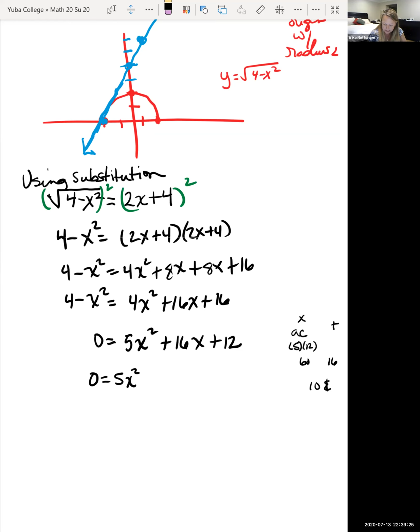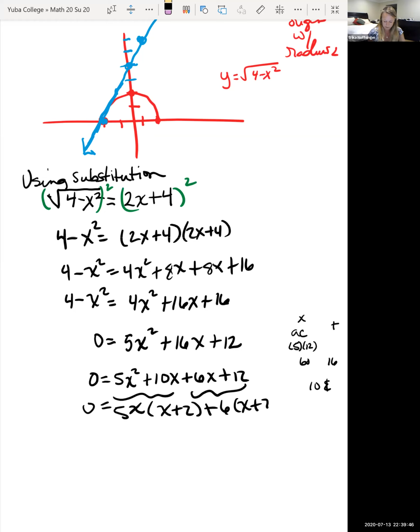So I'm going to rewrite 16x as plus 10x plus 6x plus 12. Factor by grouping. We can pull 5x out, which gives us x plus 2. Plus we can pull 6 out here, so x plus 2. What's inside the parentheses is the same, x plus 2. Pull that out, you're left with 5x plus 6.